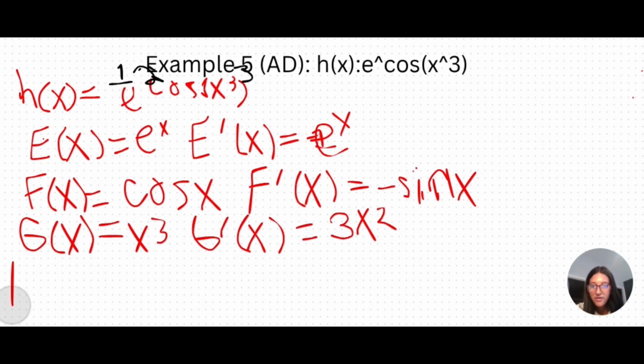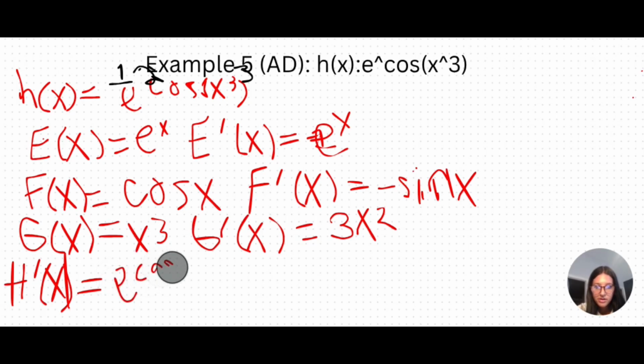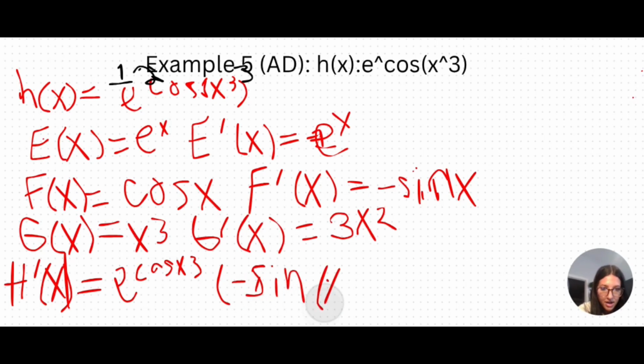So we have h prime of x is equal to e to the cos x to the third, times negative sine, because of our middle function there, x to the third, and finally times 3x squared, the derivative of that inner function.